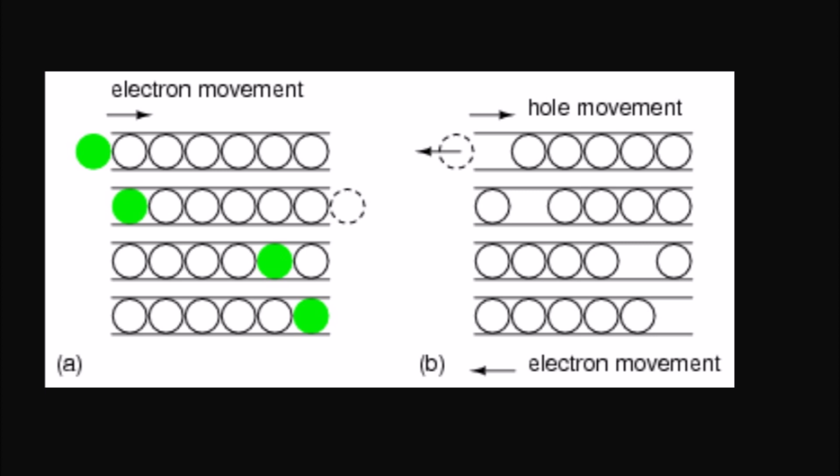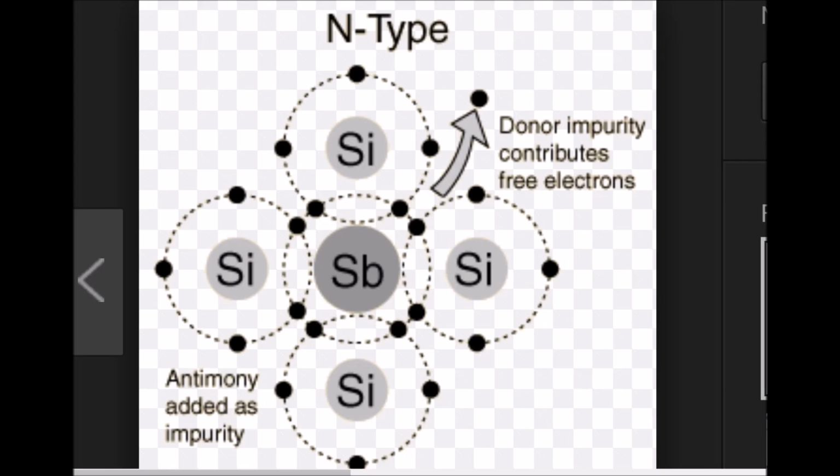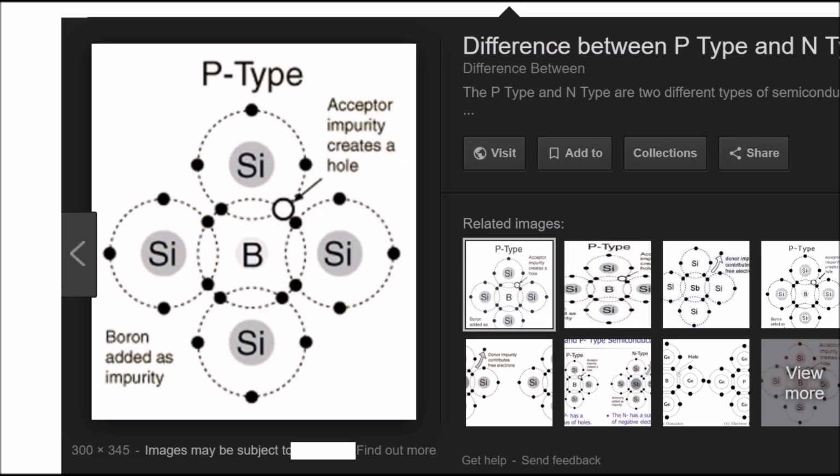Majority carrier. The more abundant charge carriers are called majority carriers, which are primarily responsible for current transport in a piece of semiconductor. In N-type semiconductors, they are electrons, while in P-type semiconductors, they are holes.